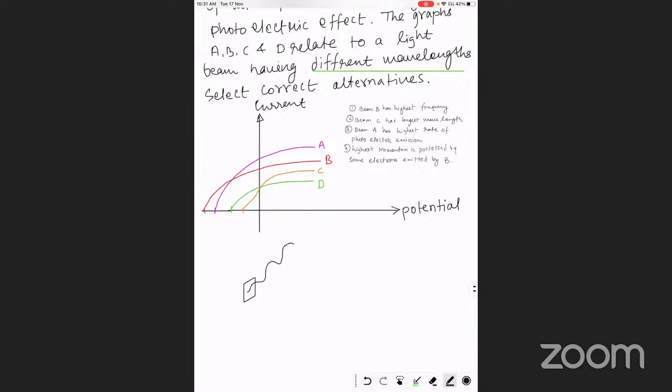When light beam B is incident on this photoelectric plate, the electron is ejected, and it has very high kinetic energy. It has very high kinetic energy because to stop this electron, you need maximum negative potential. Look at this negative potential. It is maximum for B. Means this electron is coming fastest. And why will this electron come fastest? Because incident energy is very high.